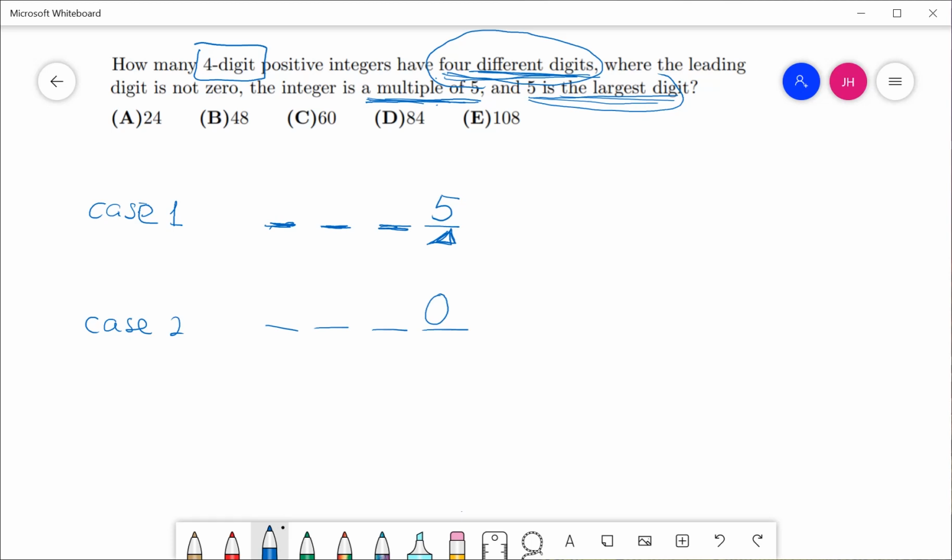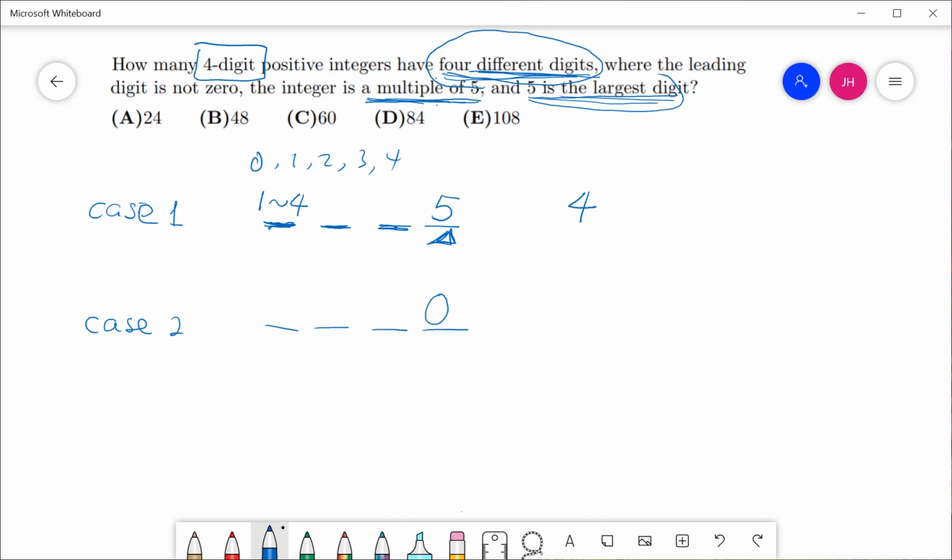So they ought to be 0, 1, 2, 3, or 4. However, the leading digit should not be 0. That's also a common requirement. Even if it doesn't say so, we should remember that. Then the first digit has got to be 1 to 4. It can be any of these 4 numbers. So the first digit can be one of the 4.